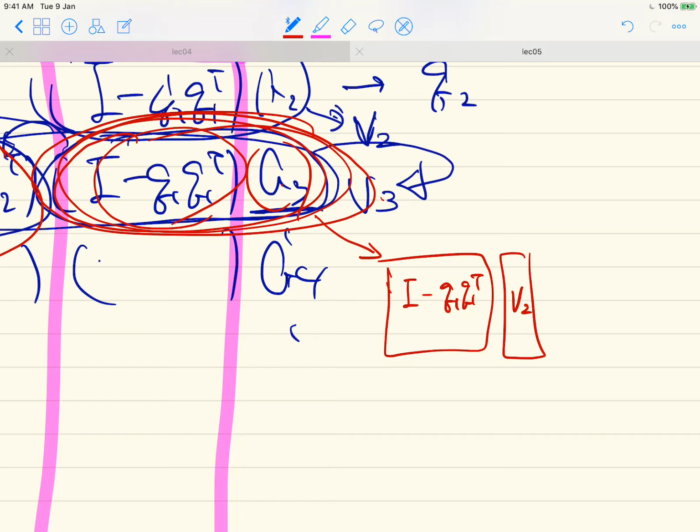So this is I minus q1 q1 transpose and our vector V2. In this case, we don't actually explicitly form this matrix, because it will be a really big matrix when we have a large number of rows, right? So the simple computation is that we just distribute it, and then we only obtain V2 minus q1 times q1 transpose V2, right?